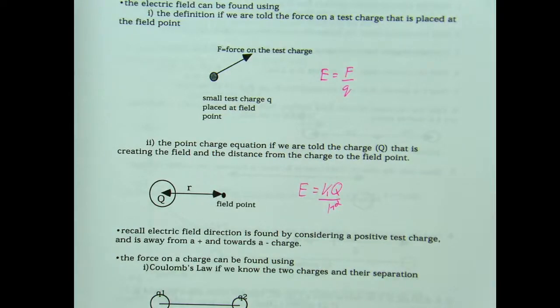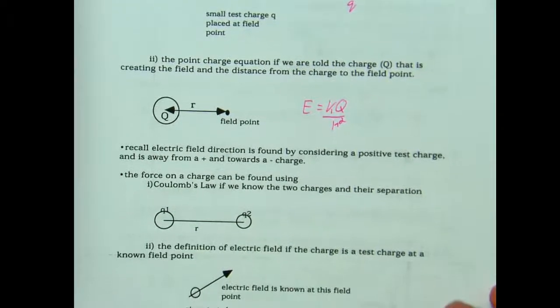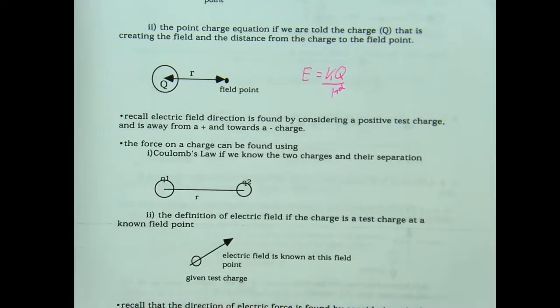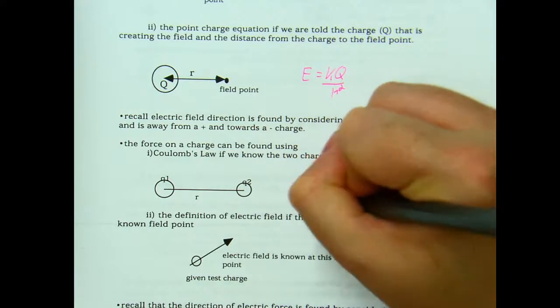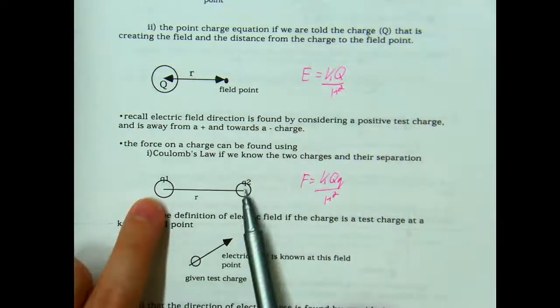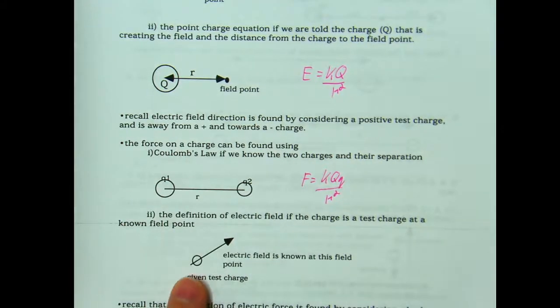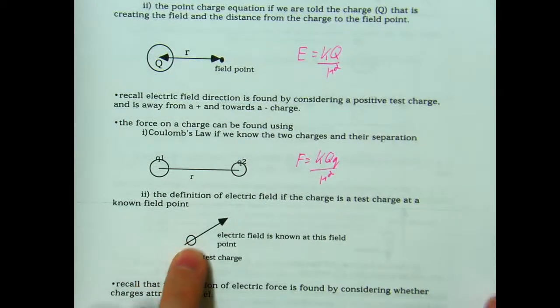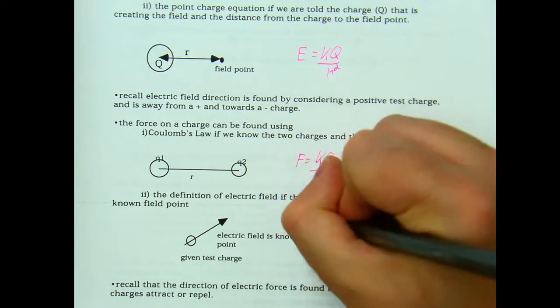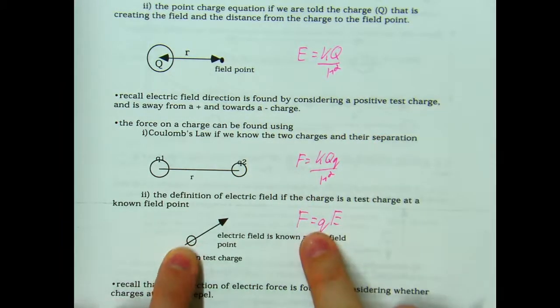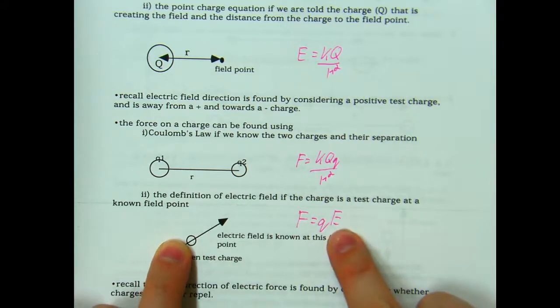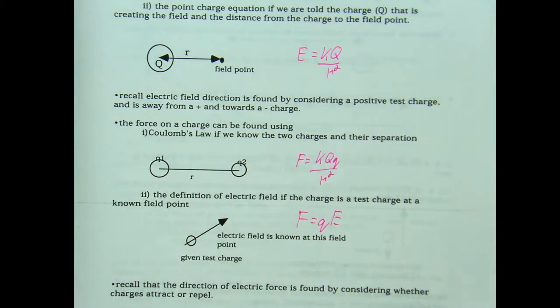And if we go back, and we're just going to start collecting results here as we go, the force on a charge can be found using, if we remember, F equals KQQ over R squared if it's between two charges, or we can now find the force on a charged object in an electric field using F equals QE, where Q is the charge on that test charge and E is the electric field strength in that area.